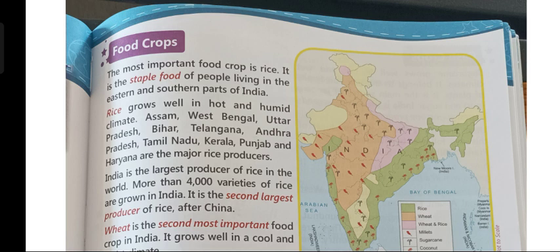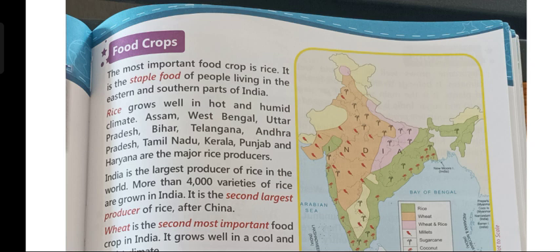Now, it is the staple food of people living in the eastern as well as southern part of India. It means people who live in the eastern and southern parts of India eat rice regularly. Now, rice grows well in hot and humid climate.